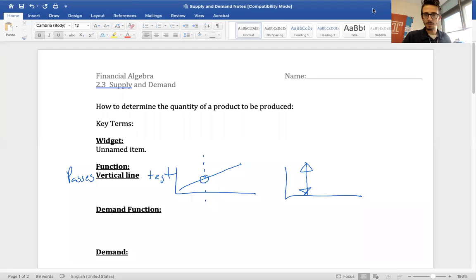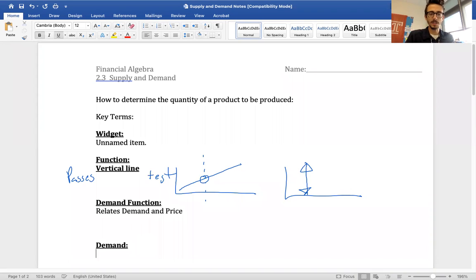The demand function, what do you think that is? That's going to relate the demand and the price. You know, if there's only so many of something made, the price might be up a little bit higher. So that demand function can kind of tell us how much we should price something. The demand, of course, is how many people really want the product?